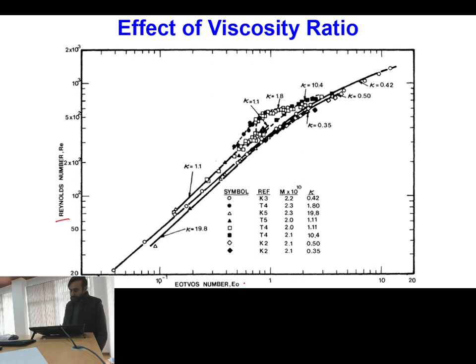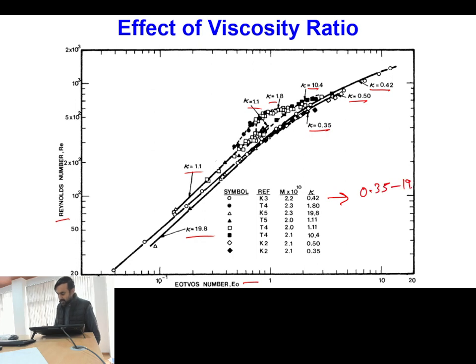Reynolds number and Eötvös number are presented for different experimental conditions, and in each experimental condition you can see different values of k were controlled. The k value is varied in the range of 0.35 to 19.8, and the Morton number is varied from 2.0 to 2.2 times 10 to the minus 10.